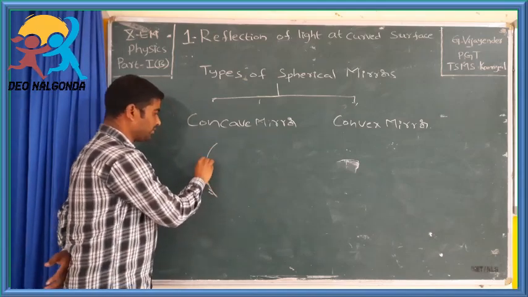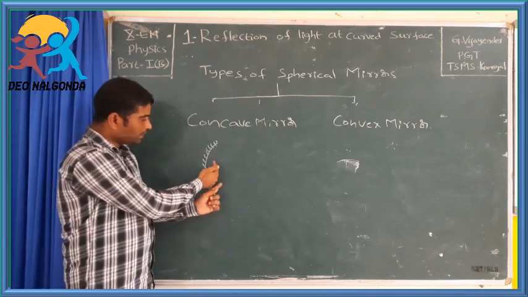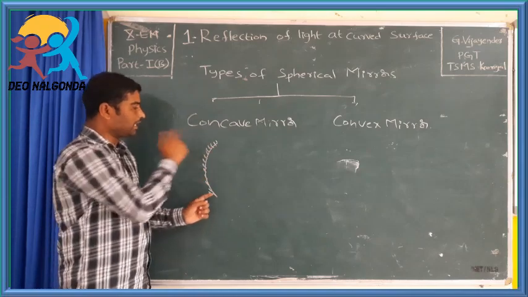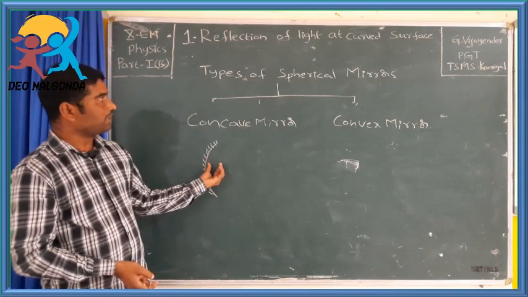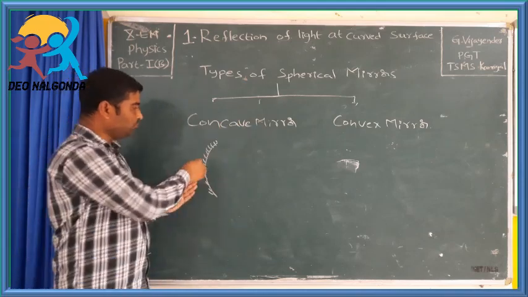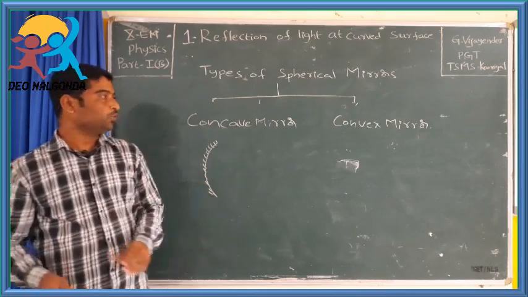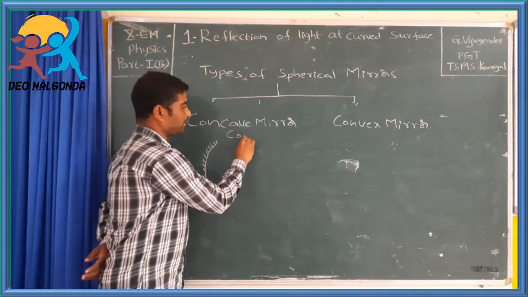This is the concave mirror. In a concave mirror, the inside is the reflecting surface, and the outside, the lined part, is the non-reflecting surface. If the reflecting surface of a spherical mirror is inward, the mirror is called a concave mirror. A concave mirror is also known as a converging mirror.